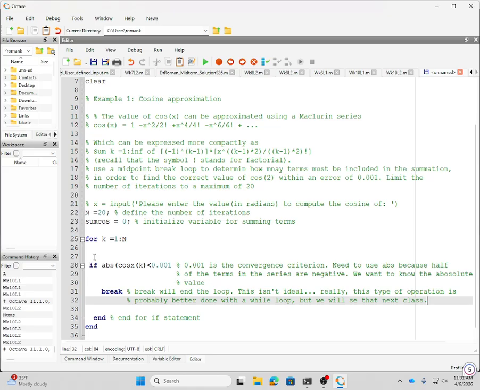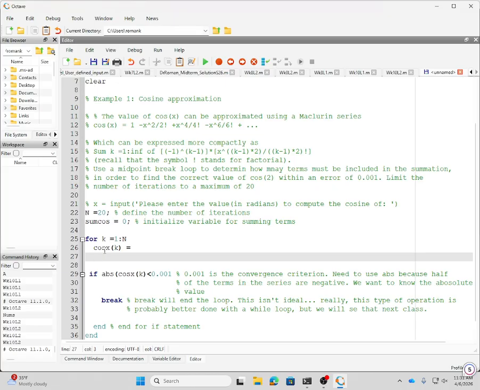Alright, so it is almost done. The two things that you gotta do, you gotta write this cos x function. Let's see how much you understand so far. So that line you got to write, and then you got to do sum cos equals sum cos plus cos x.